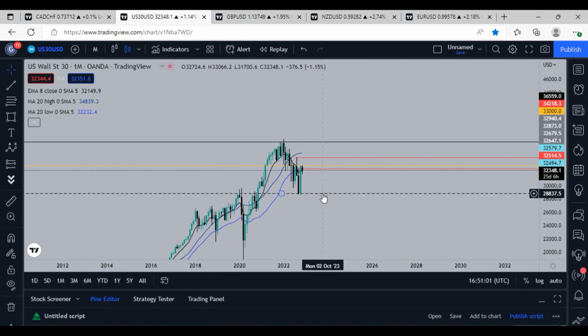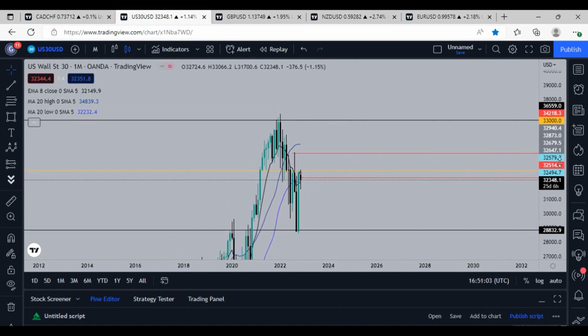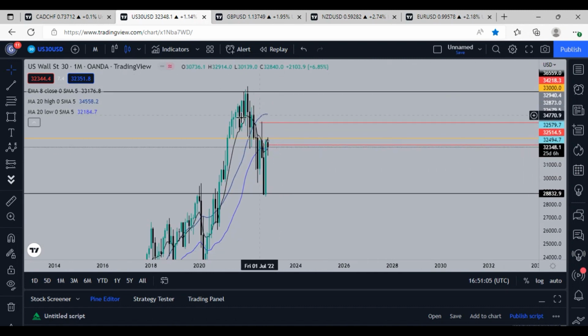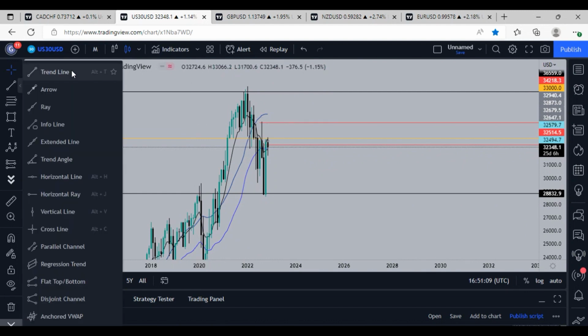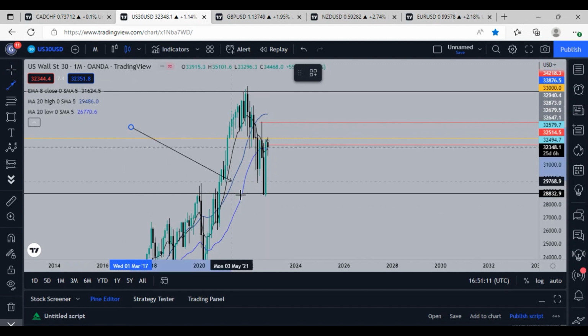So what we have here are the monthly levels, okay, that I've set. And a few weeks back, I did indicate that what price will do is it will come and respect this level. Price has broken through, and I said that what price can do is it can retest this area.